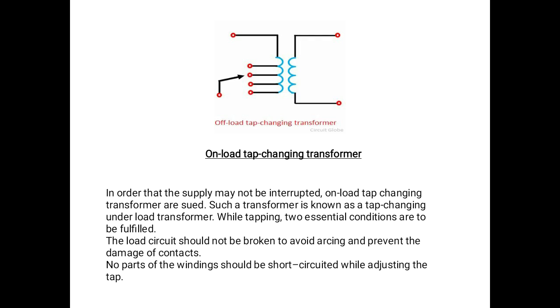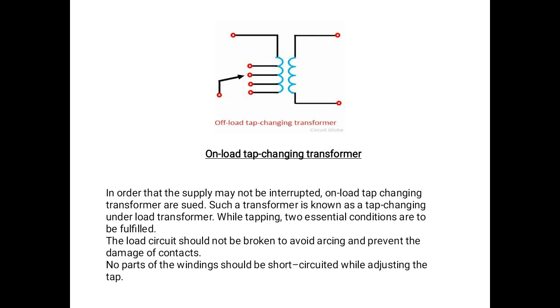In order that the supply may not be interrupted, on-load tap changing transformers are used, because in case of an on-load tap changing transformer, the supply is not disconnected. So such a transformer is known as a tap changing under load transformer. While tapping, two essential conditions are to be fulfilled. It means an on-load tap changing transformer should fulfill two conditions.